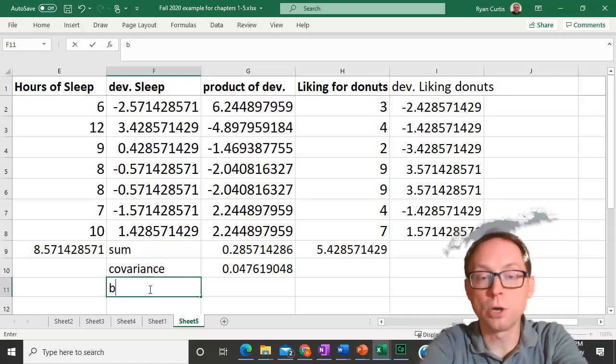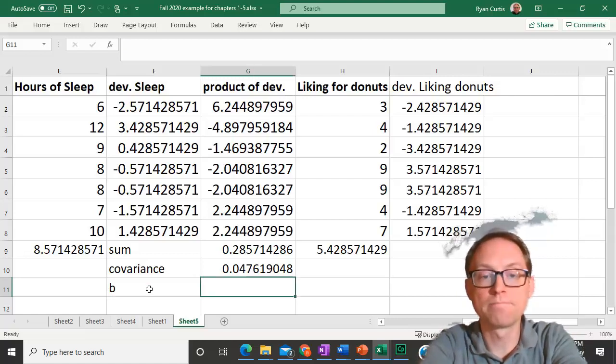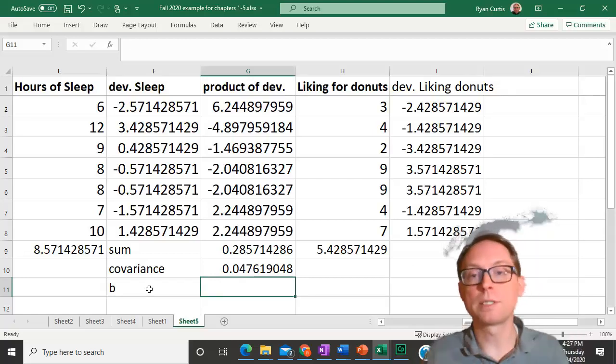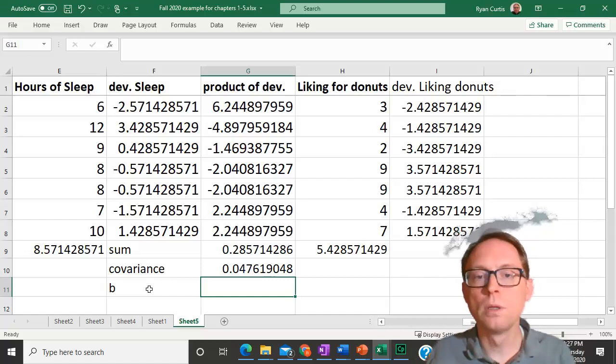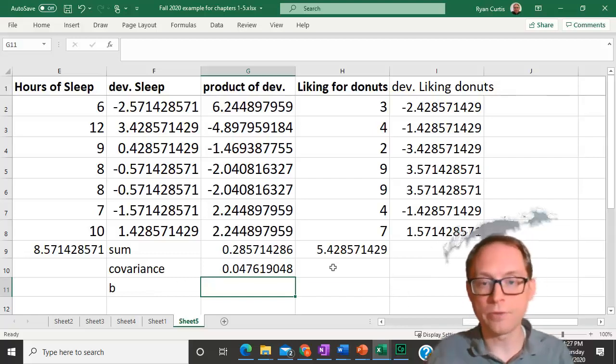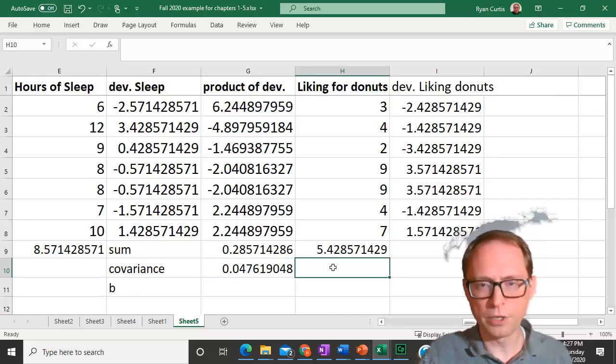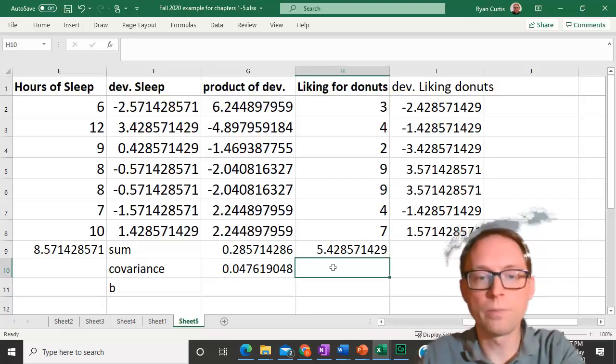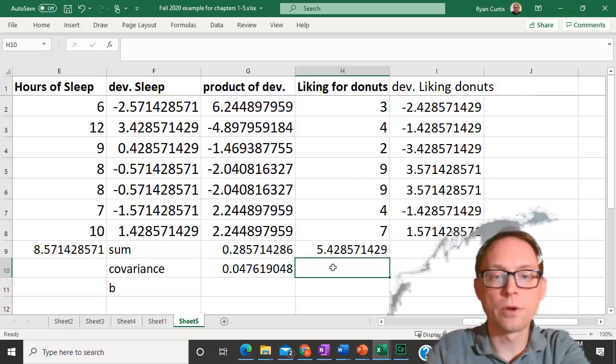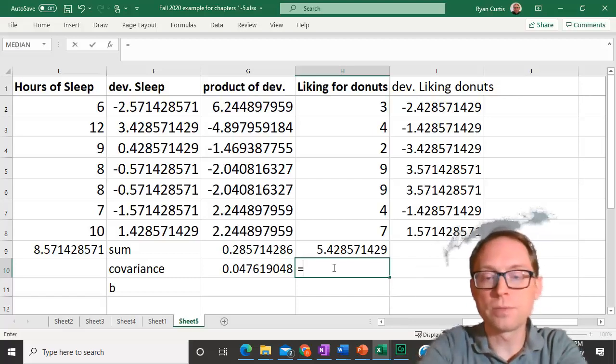Okay, now the next step is going to get B, the slope. So what is the slope? All right, well, the slope is going to be the covariance divided by the standard deviation of x squared. Well, what's x again? Oh, x was liking for donuts. So the first thing we need to do is make sure that we get the correct standard deviation.